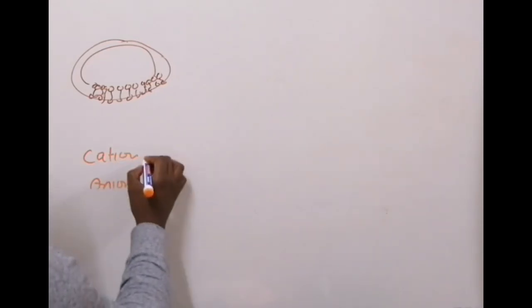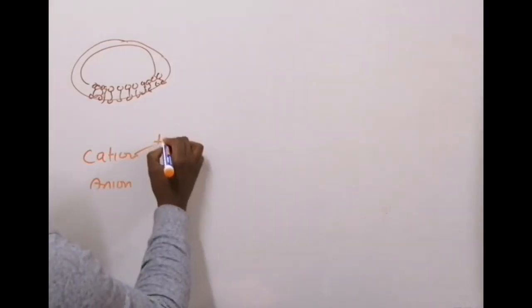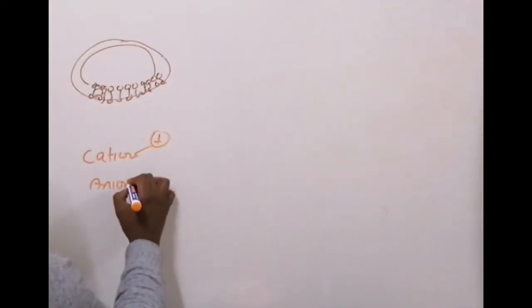A cation is a positively charged ion. An ion can be either positive or negative, right? So cations are positively charged ions and anions are negatively charged ions.